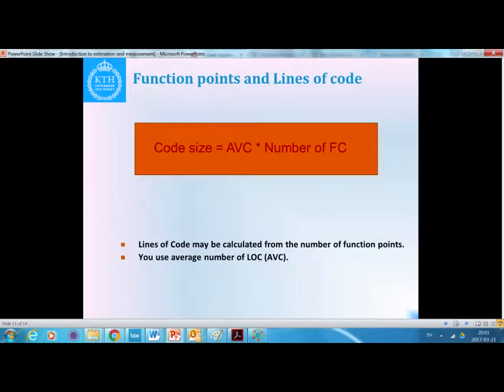Okay, there has been a war between those promoting function points and those promoting lines of code. Those who were for function points claim that this is the only way to estimate the size. You look at how much functionality you have to implement, and in this way you may be able to estimate the effort.